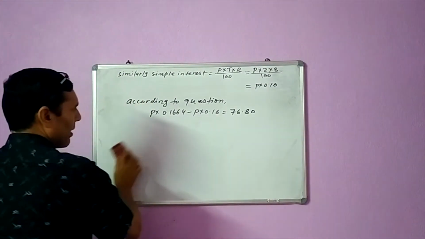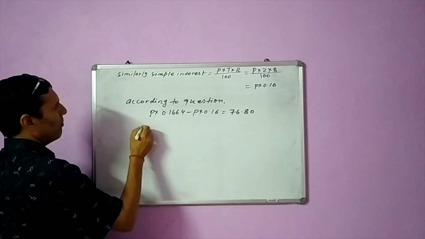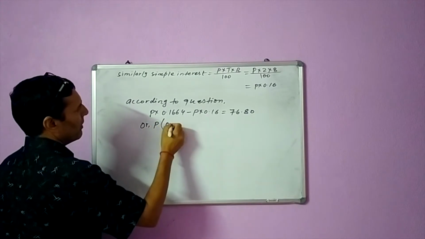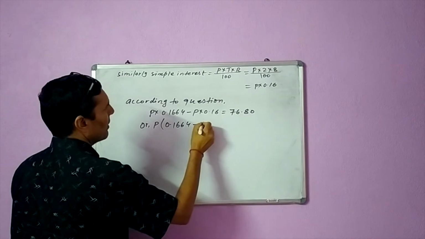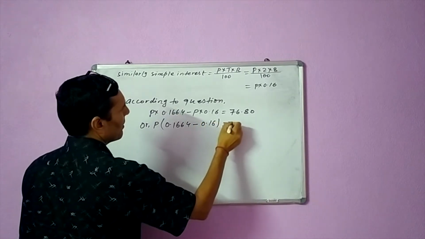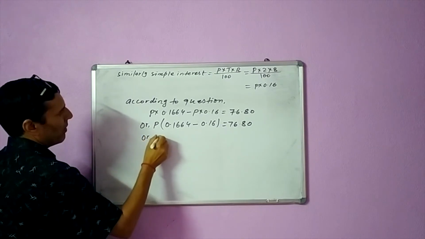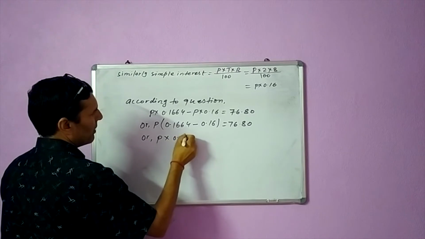This condition is provided by the question. Now here we can take P common. After taking P common, here it remains 0.1664 minus 0.16, times P. After subtracting, we get here 0.0064.